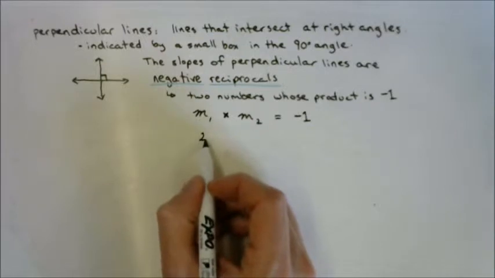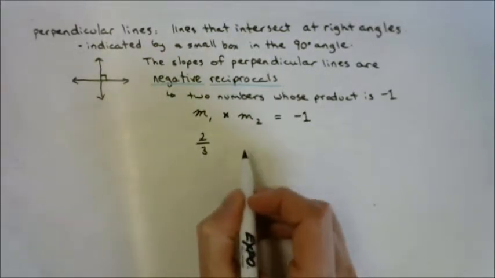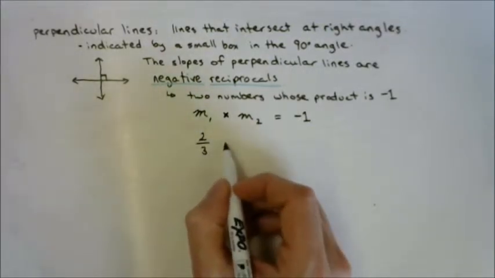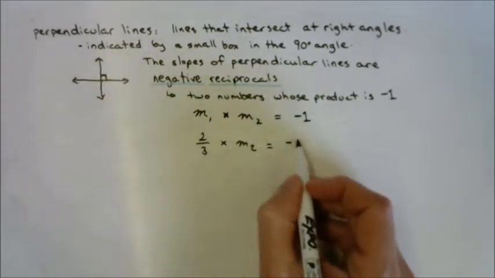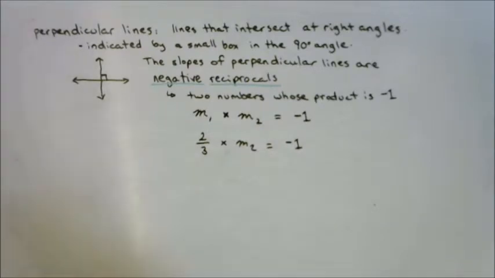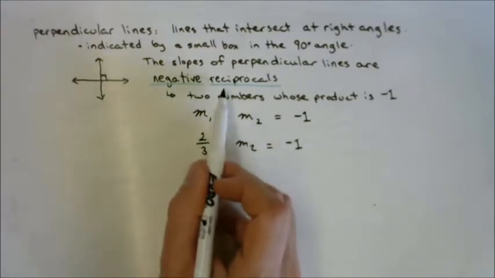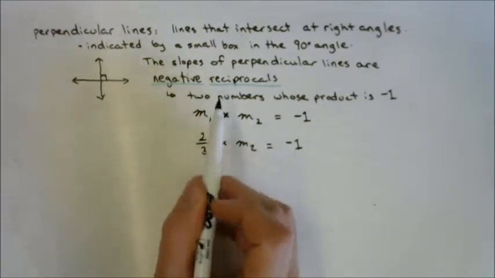Let's say the slope 2 over 3 was m1, and you don't know what m2 is. You don't know what the slope of the next line is, but the question asks you to find the slope of the line that would be perpendicular. Well, we need to just take the negative reciprocal. So watch what happens.